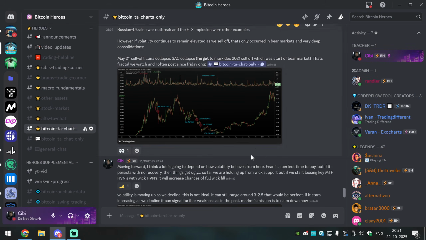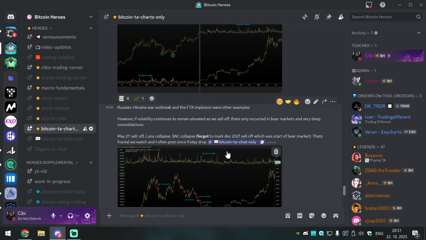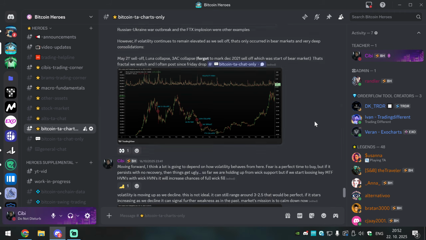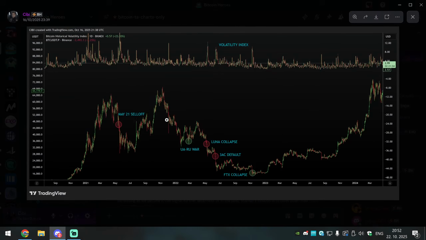And when we go to a bit of negative events, however, if volatility continues to remain elevated as we sell off, that's only occurred in bear markets and very deep consolidation. May 2021 sell off, Luna collapse, 3AC collapse. Yes, that's the fractal we watch. And you see here again massive volatility spikes.